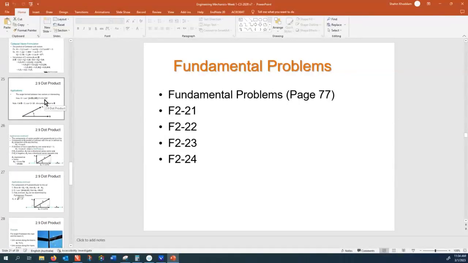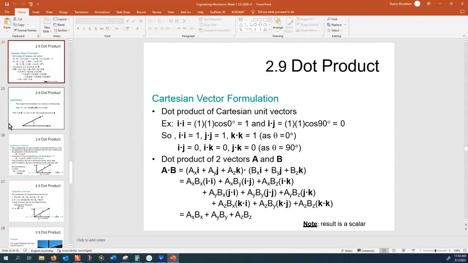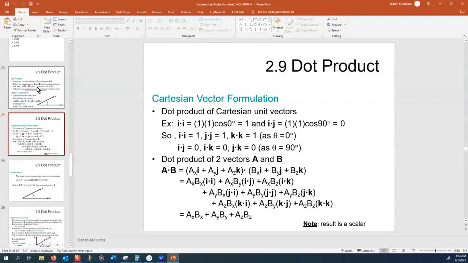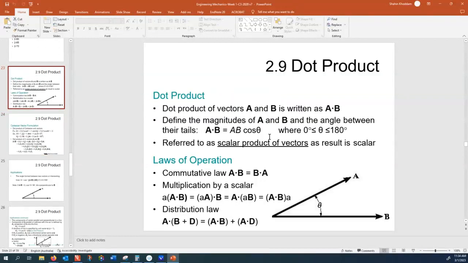All right. So let us move on to the application of dot product. So dot product is a convenient way of finding or projecting one vector over another vector. How do you do dot product? There are two ways of doing that.